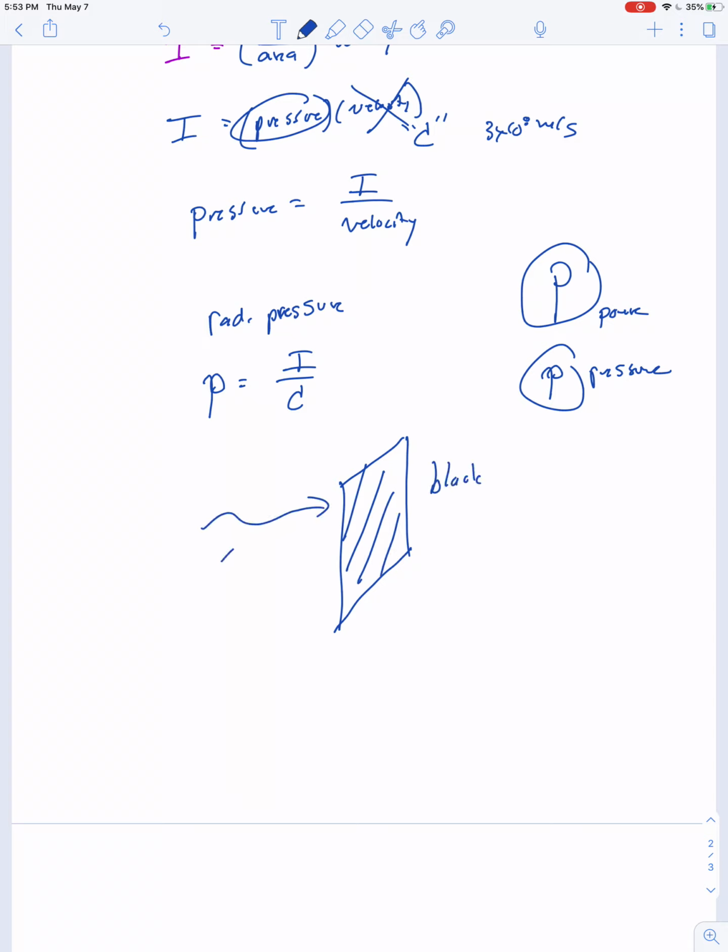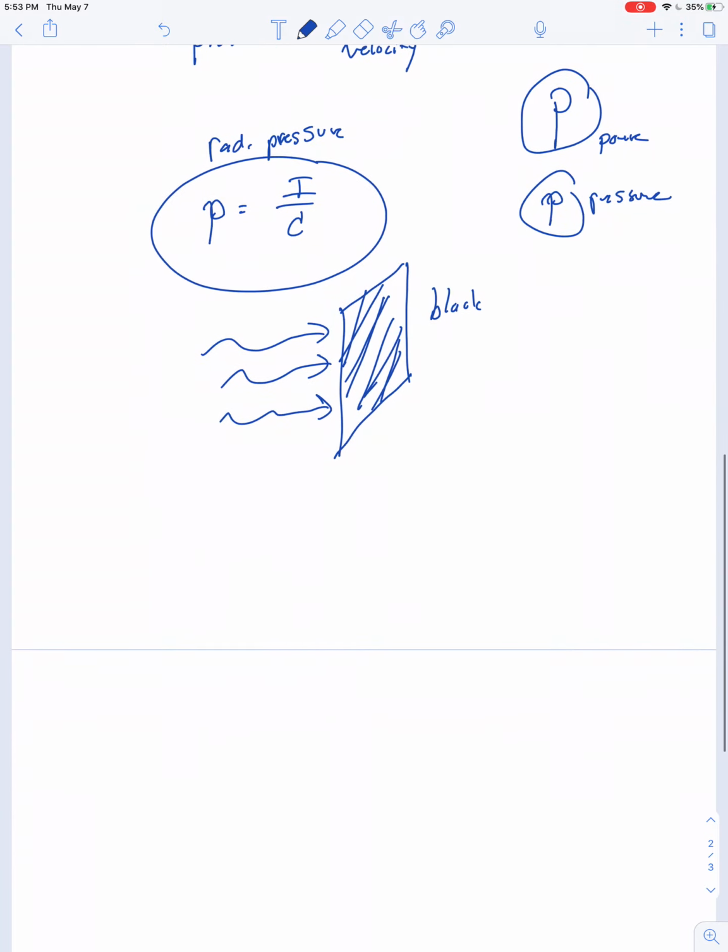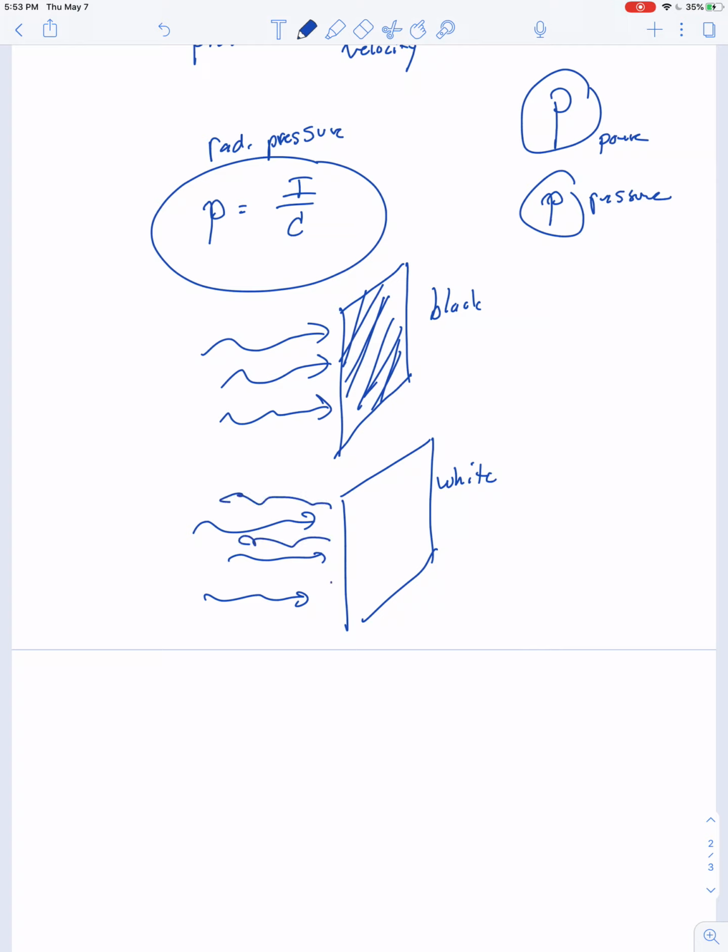So when electromagnetic radiation hits and gets absorbed by a dark material, then the radiation pressure associated is the intensity divided by the speed of light. If the radiation is incident on a perfect reflector, and the radiation is reflected back the other way, you would expect twice the change in momentum and therefore twice the pressure, and that's exactly the case.